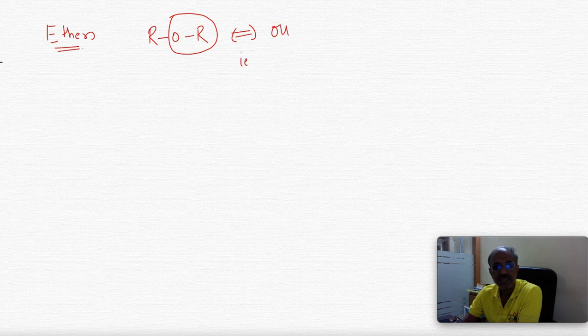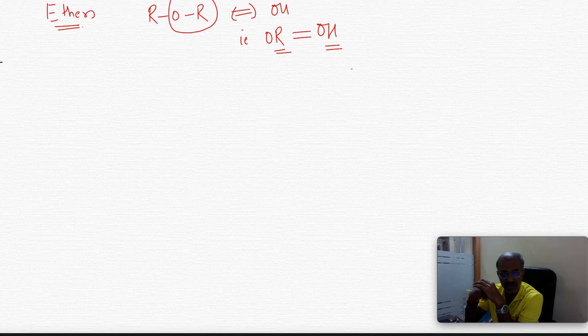That means the leaving power capacity of OH and OR are the same. If OH is a very bad leaving group, obviously OR is also a very bad leaving group, right? So in the same scenario, ether will not undergo nucleophilic substitution reaction.